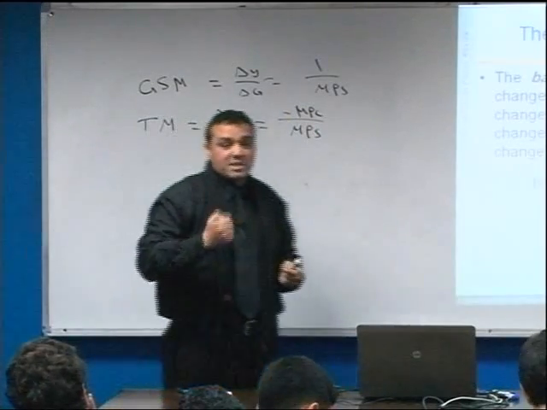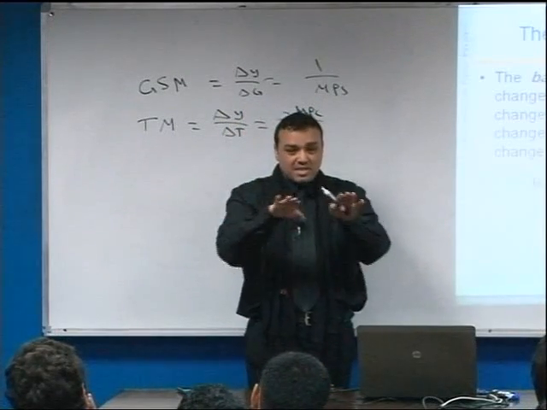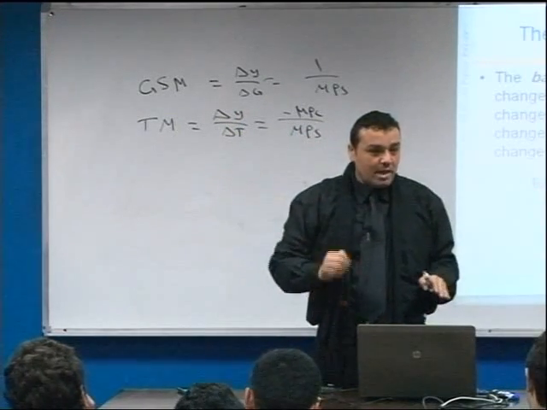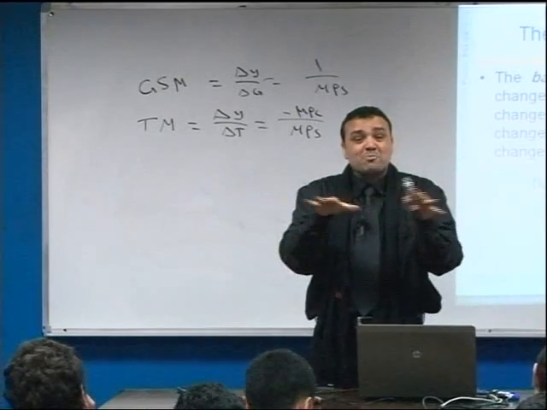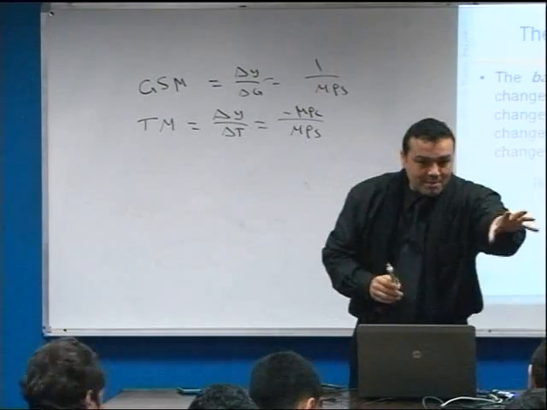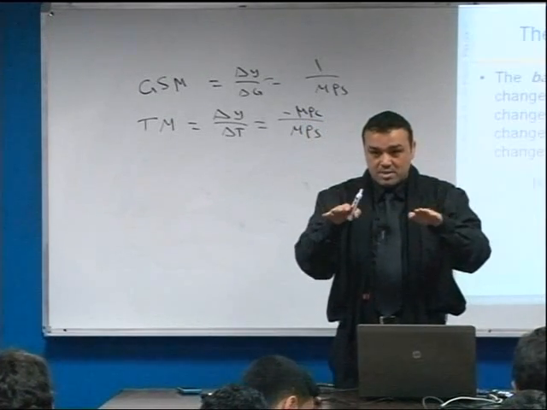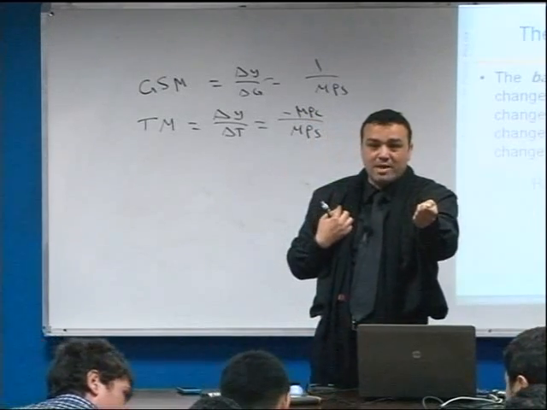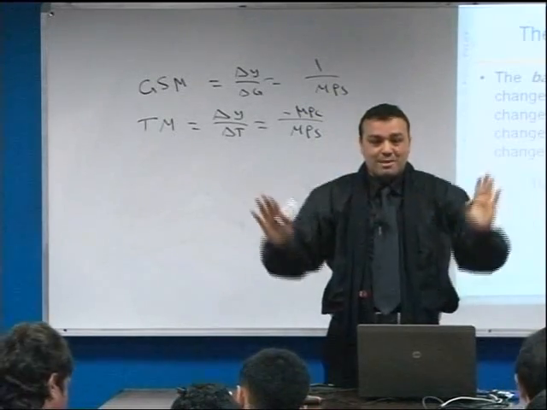If the government spends $100 million and collected taxes of $100 million, in this case we have a balance in the budget, which is called a balanced budget, because we spent 100 and took 100. So the balanced budget multiplier is the summation of the government spending multiplier and the tax multiplier when they are equal. When we spend $100 million and collect taxes of $100 million, we have a balance, which is called the balanced budget multiplier. Okay?